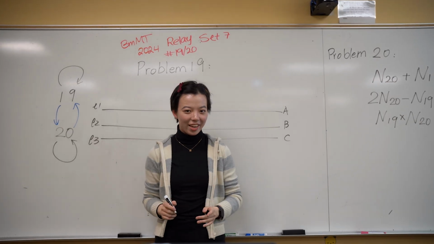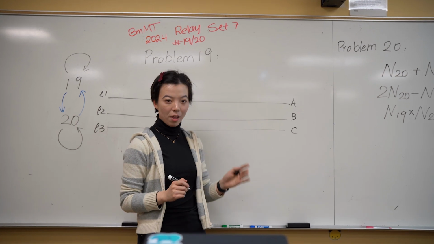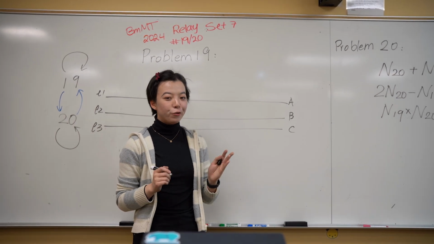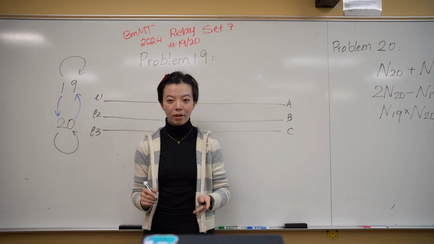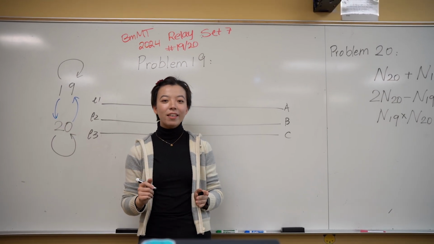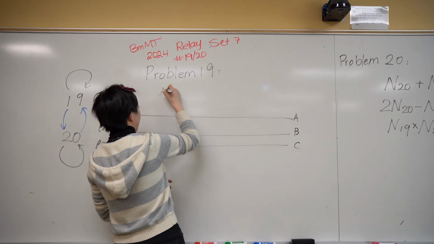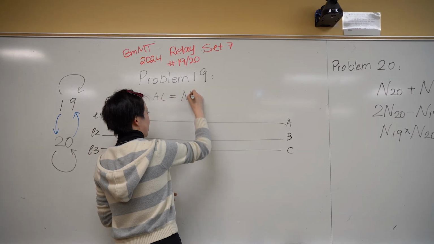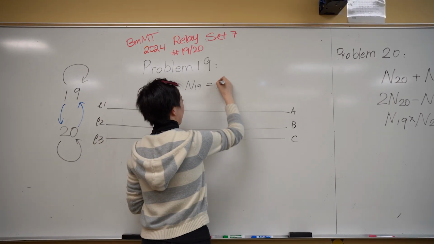An interesting thing here is AB is equal to N19, and we are trying to compute AC. If we're trying to compute AC, what that means is we're asking for the value of AC. So AC should also be the answer to question 19. So AC should also be equal to N19, but we also have that AB is equal to N19.